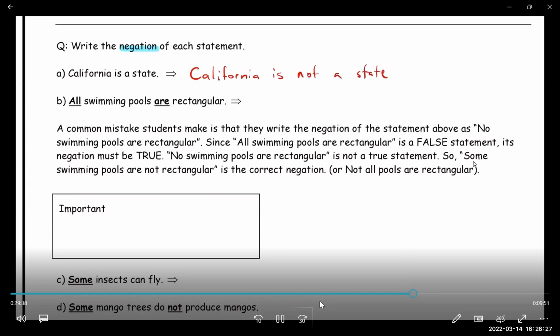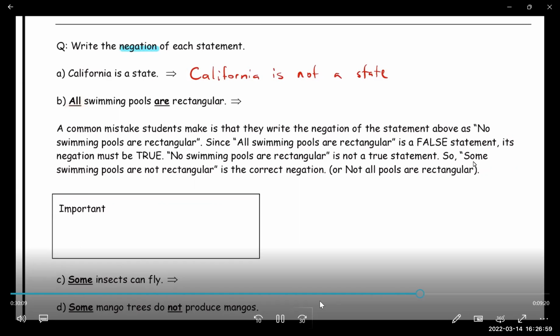All right, and then this is where it gets a little tricky. It says a common mistake students make is that they write the negation of the statement above as no swimming pools are rectangular. Okay, so we have to negate all swimming pools are rectangular. So instead of saying all of the swimming pools are rectangular, the negation would say some swimming pools are not rectangular.